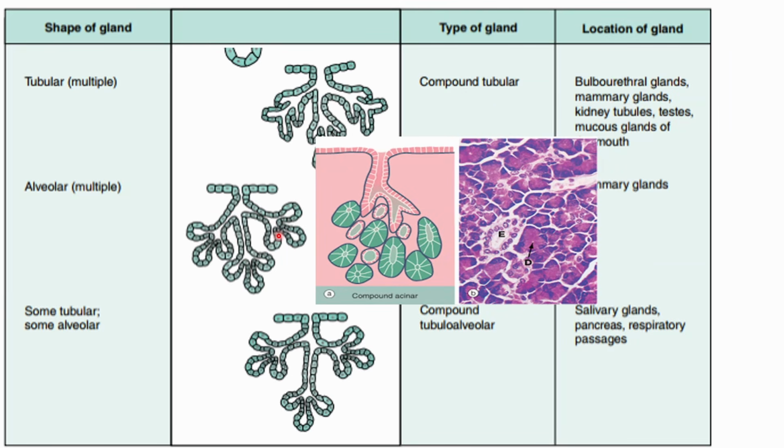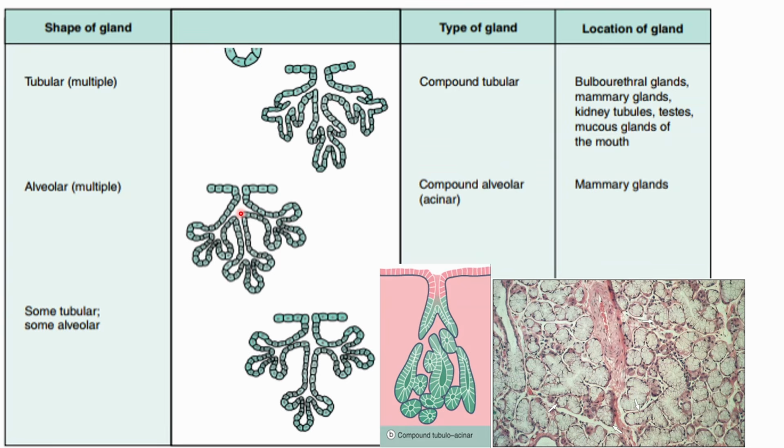Usually, guys, if you have a branched type of secretory unit system, you would have a compound style of duct system.